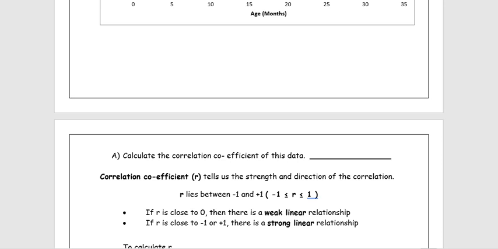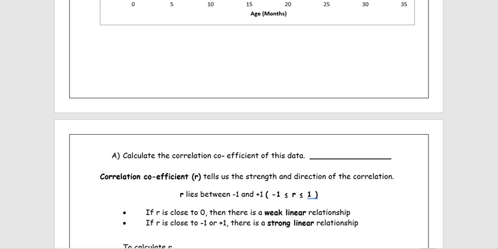A correlation coefficient is going to tell us two different things. The first thing it's going to tell us is the strength of our correlation. So we want to know, is it a strong correlation? Is it a weak correlation? And the next thing the correlation coefficient is going to tell us is the direction my line of best fit will be going in.